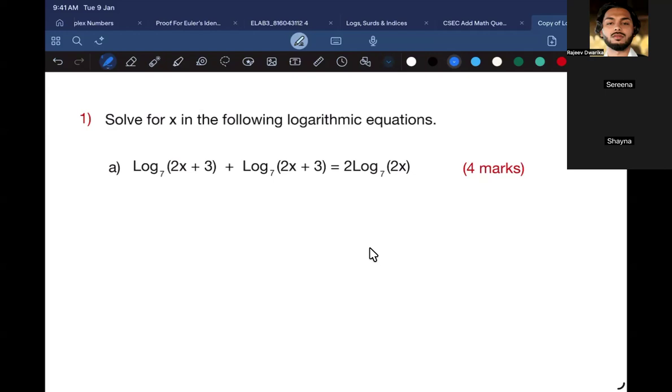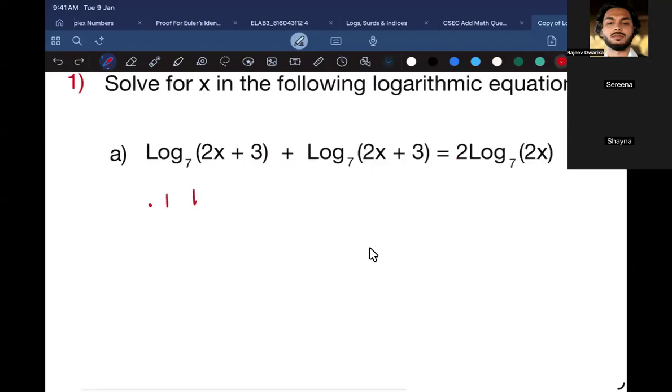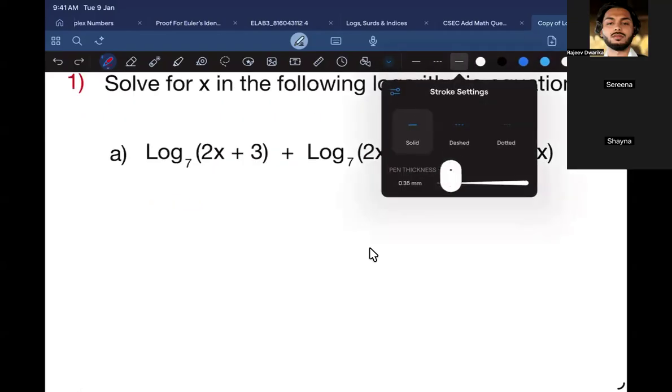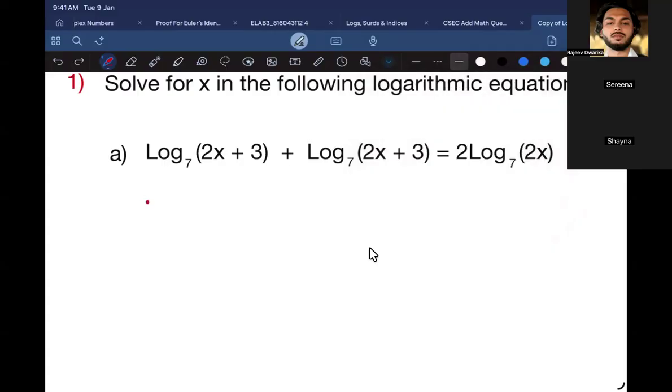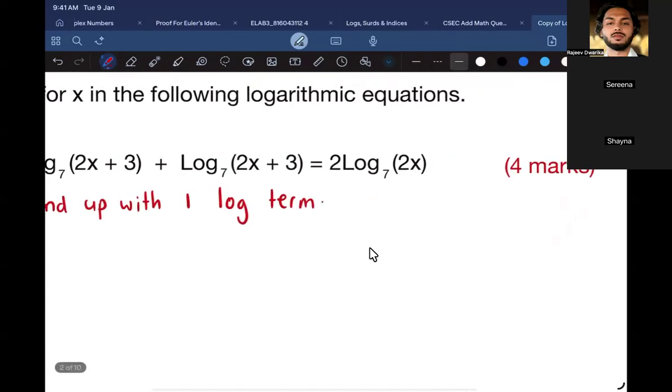Right, so this gave you all a bit of trouble. Let me just tell you how this goes. You want to end up with one log term on either side with the same base. That's your dream. That's the mission.